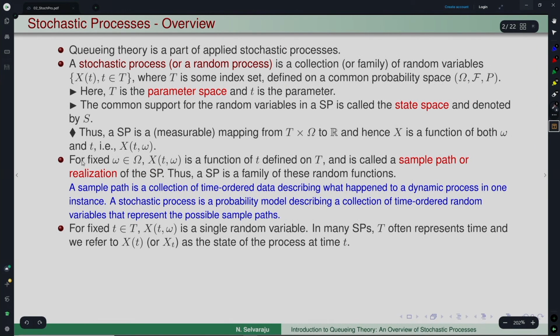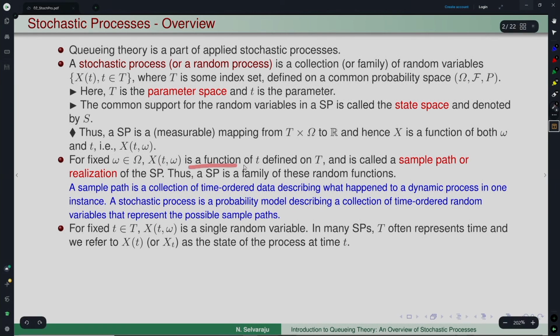Now, in this particular case, suppose you fix an omega, then you can look at this as a function of t defined on t. It is a function of this argument small t alone, the index alone, because you are fixing an omega.